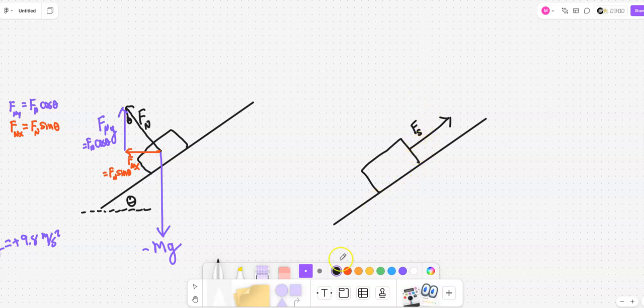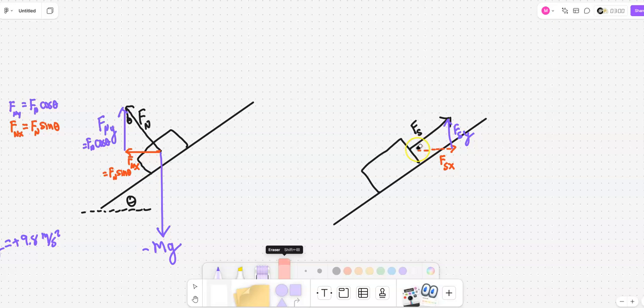In the x direction, I'm going to stay continuous with red. That's going to go this way. That's going to be your force static x. Going up and down is going to be your force static y.